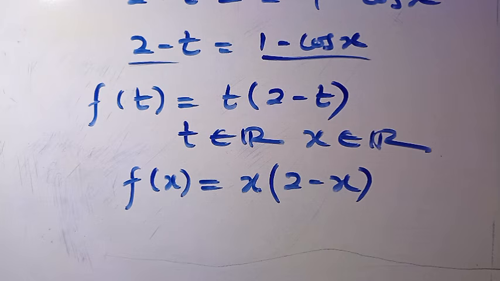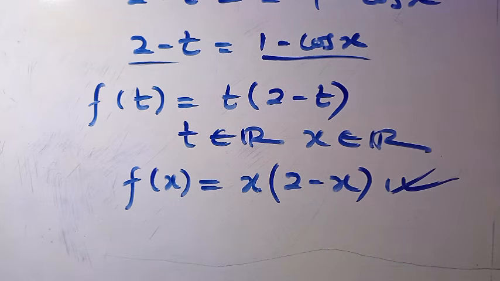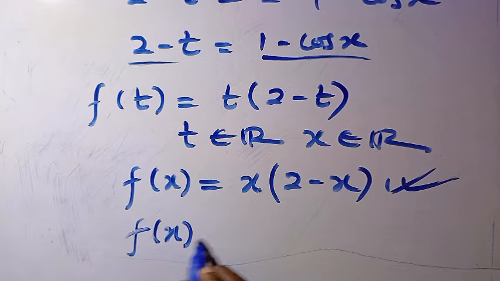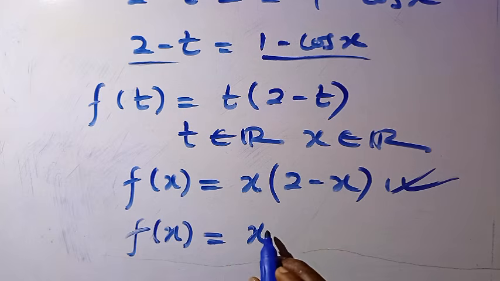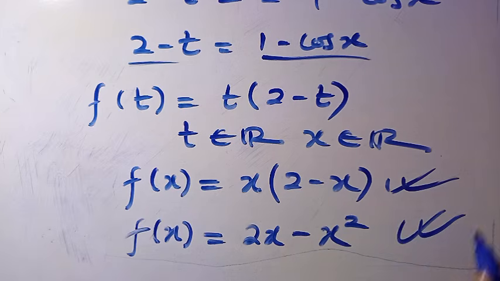We can leave our answer like this, or we can expand it as f of x equals x multiplied by 2, that gives us 2x, then minus x multiplied by x, this gives us x squared. So this is another version of writing this.